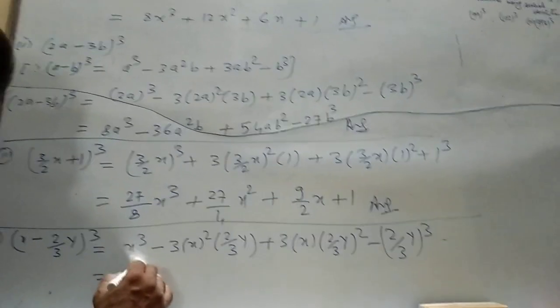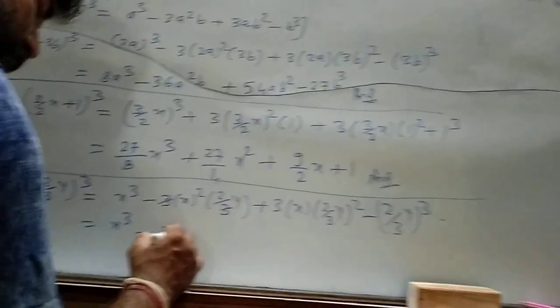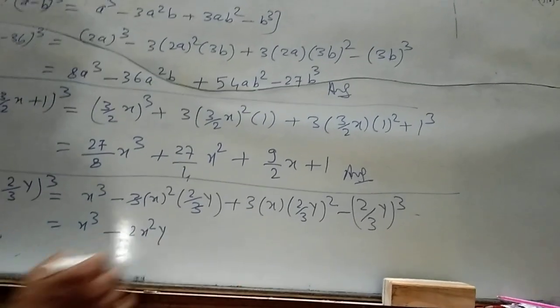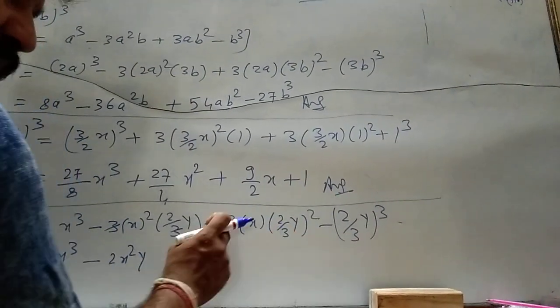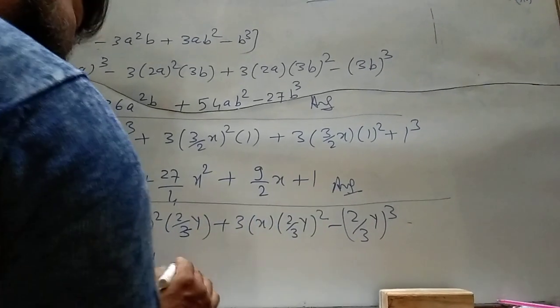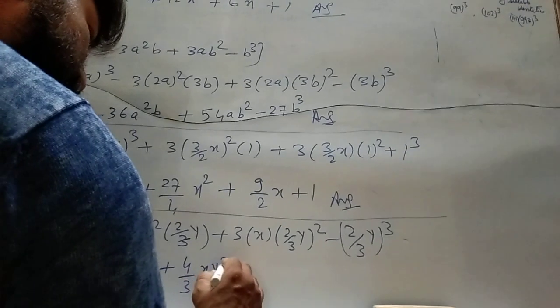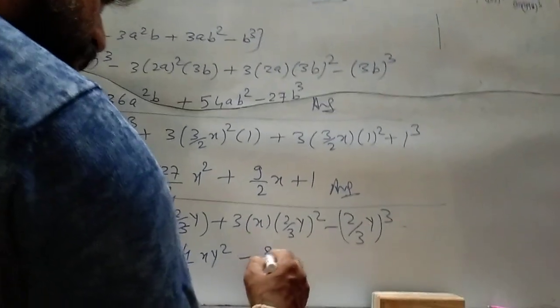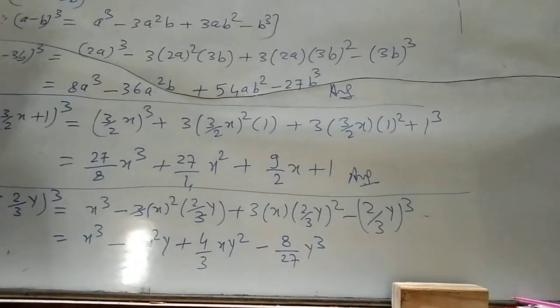Then this is equal to x³ − 3x²(2/3 y) + 3x(2/3 y)² − (2/3 y)³. This is x³ minus, 3 and 3 cancelled, 2x²y, and here the square, so 3 and 3 cancel, we get 4/3 xy², and minus 8/27 y³.